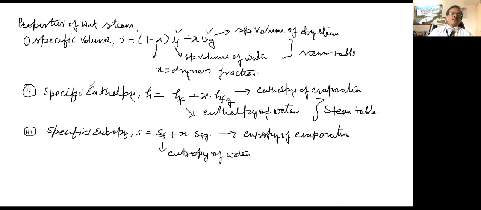So in this way, we can calculate the specific volume, specific enthalpy, and specific entropy for the wet steam.